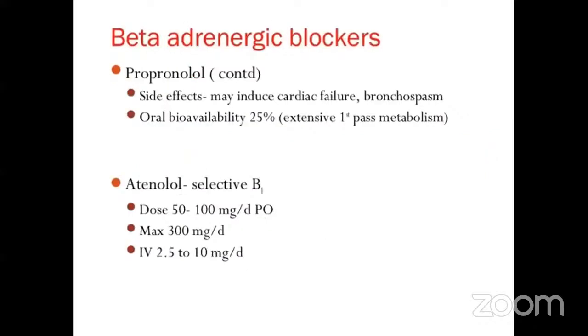Propranolol side effects: they may cause cardiac failure, bronchospasm, and the oral bioavailability is only 25% because of extensive first pass metabolism. And atenolol, which is a selective beta 1 blocker, we can start with 50 to 100 mg, up to a maximum dose of 300 mg, whereas intravenously we can inject 2.5 to 10 mg per day.